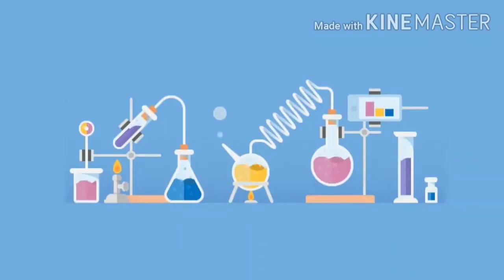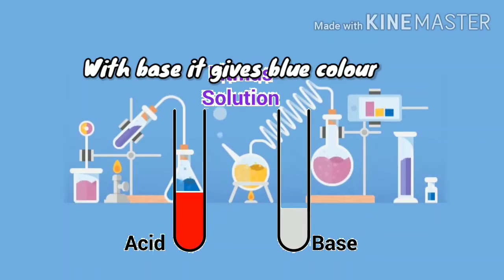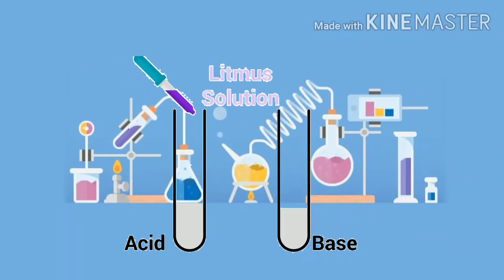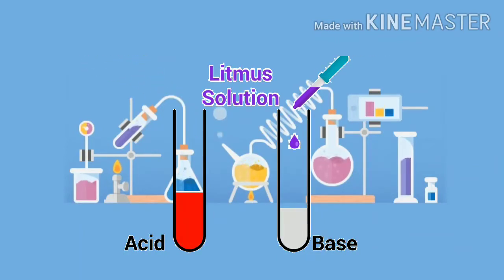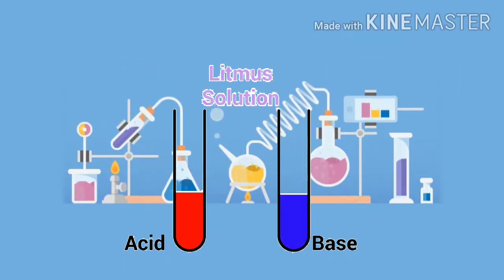With base, it gives blue color. You can see, children, that acid is turning red when litmus solution is added to it, and base is giving blue color when litmus solution is added to a base.